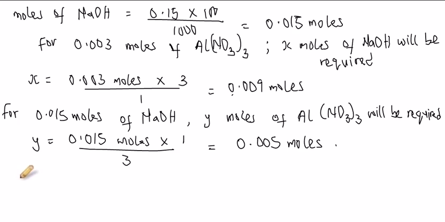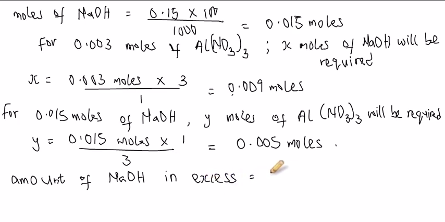Let's say the amount of sodium hydroxide in excess equals the initial amount given, which is 0.015, minus the amount that will be used, 0.009 moles.